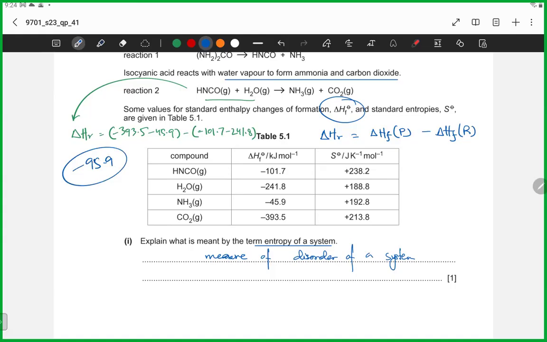Now, the other thing is I have to calculate delta S as well. Delta S has the same formula, which is the entropy of the products minus the entropy of the reactants.